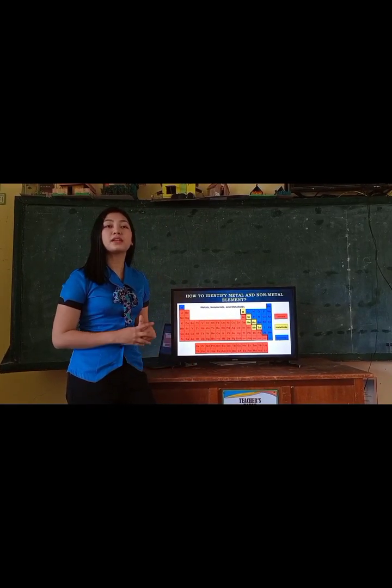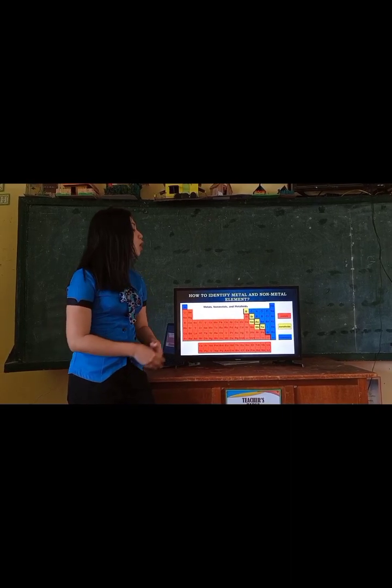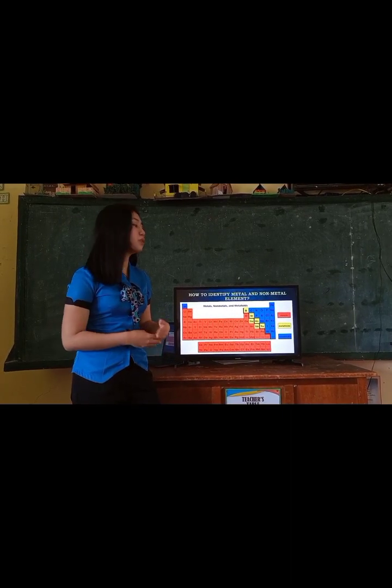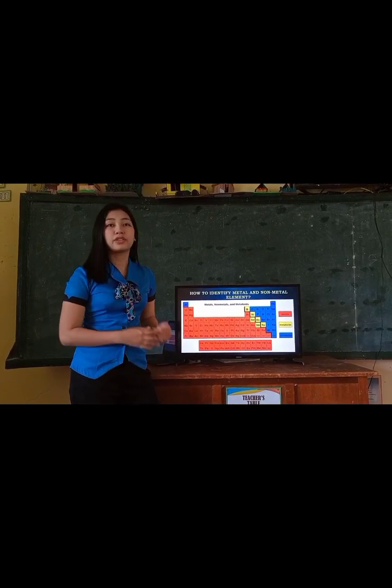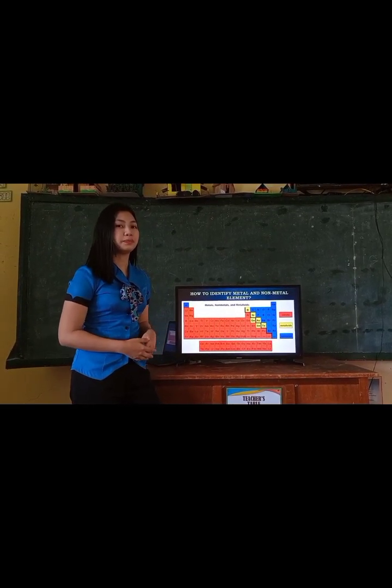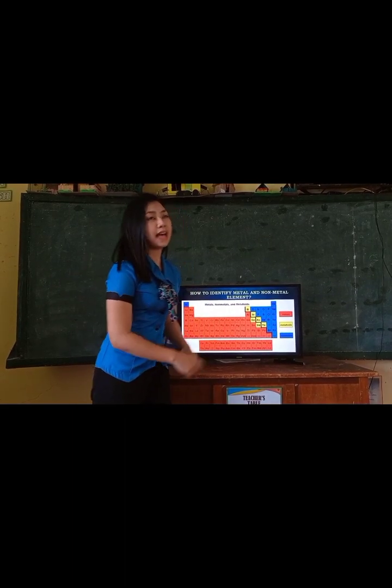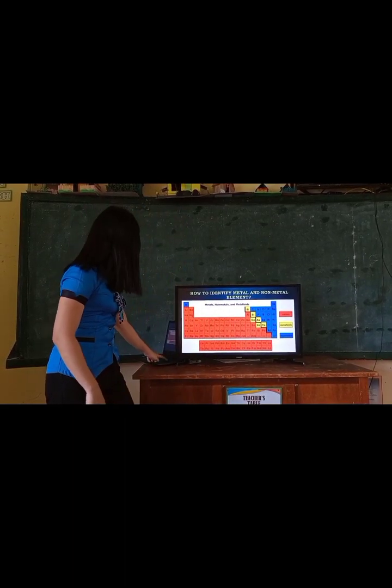Metals are those in color red, while non-metals are those in color blue, and metalloids are those in color yellow. Now let us have an example.